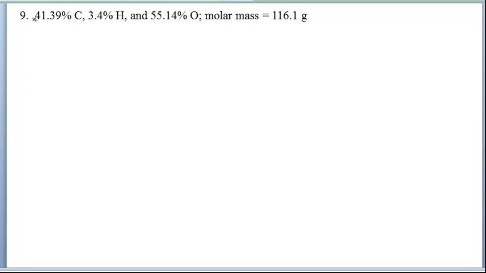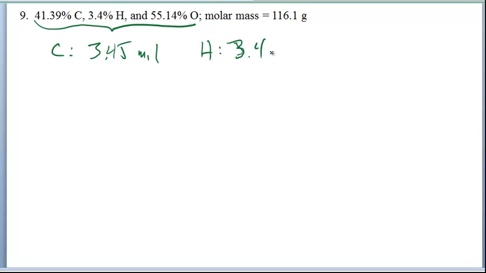Again, do the percentage to 100 grams trick, and when you do that, you'll find that you've got 3.45 moles of carbon, and 3.4 moles of hydrogen, and 3.45 moles of oxygen. Now I think you can step back and already see that the mole ratios among every pair of elements is going to be 1 to 1.